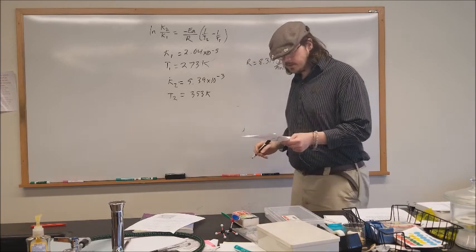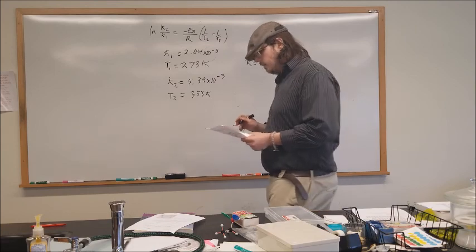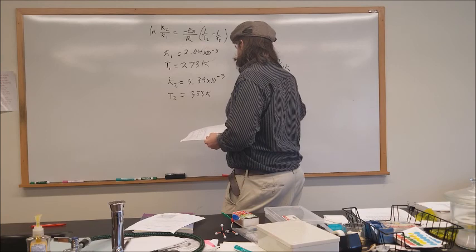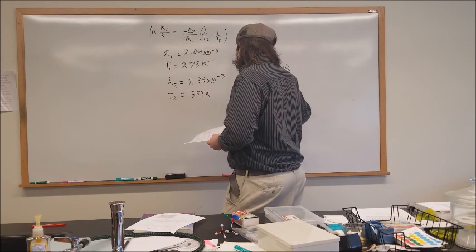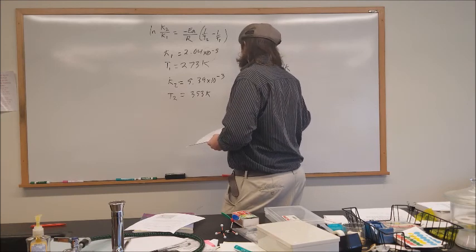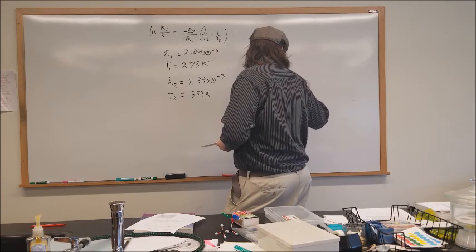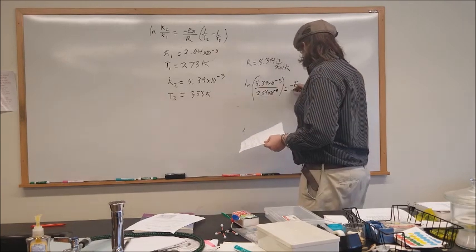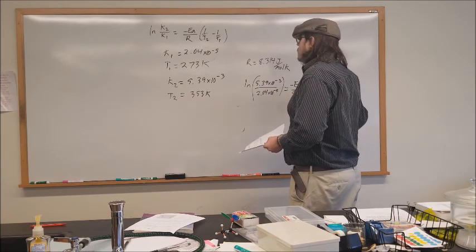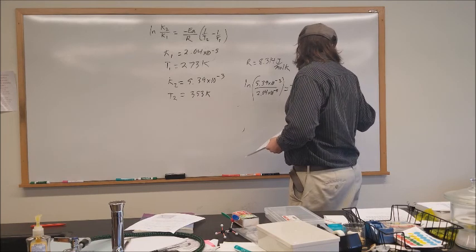That in mind, we can simply plug in our numbers and isolate our Ea. So, we have the natural log of 5.39 times 10 to the negative third divided by 2.04 times 10 to the negative fifth equals negative Ea over 8.314 times (1 over 353 minus 1 over 273).